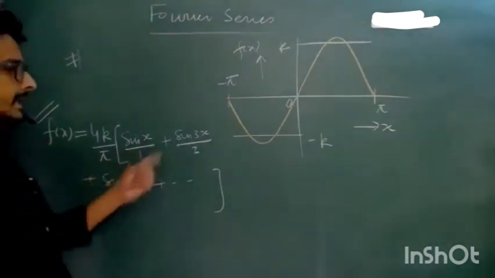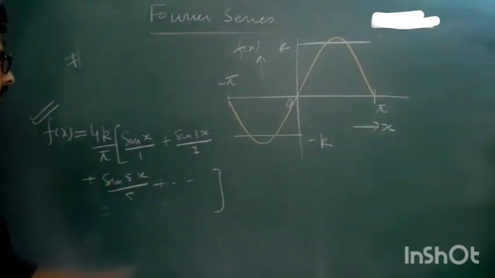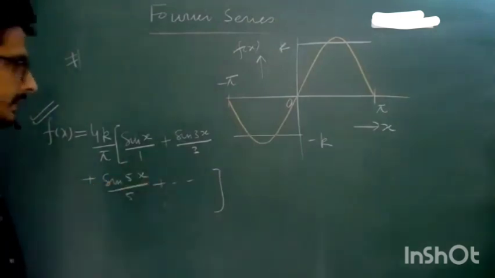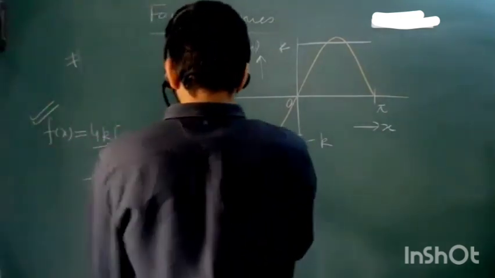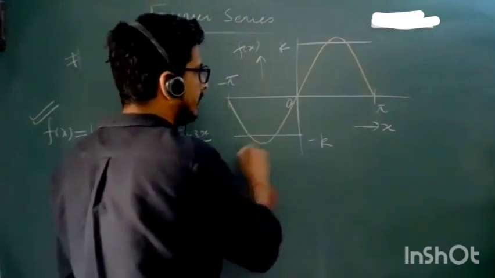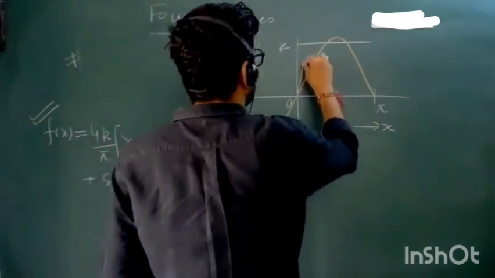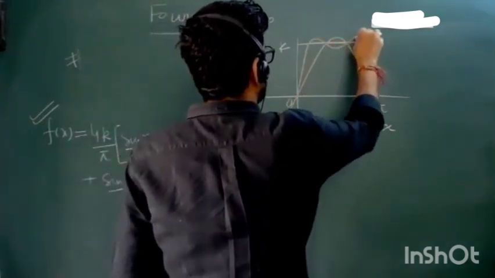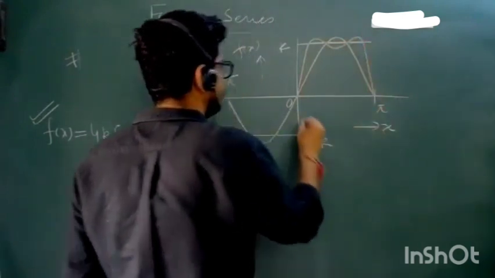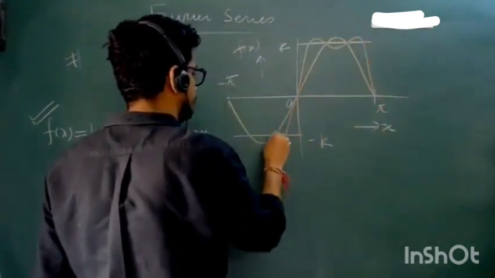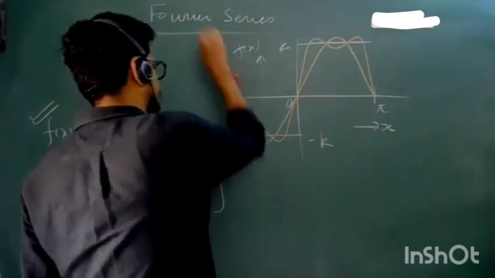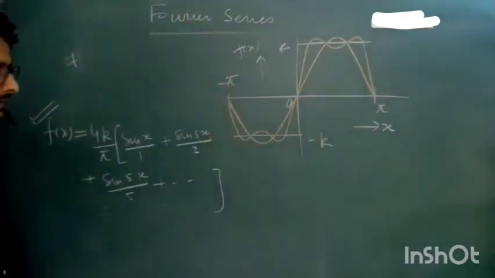If you take the second one, which is sine of 3x, the graph will become like this.